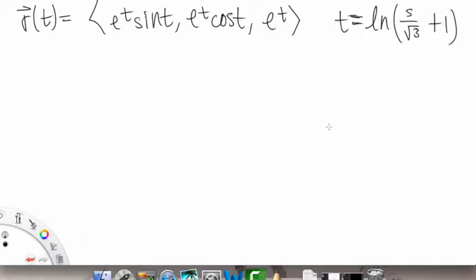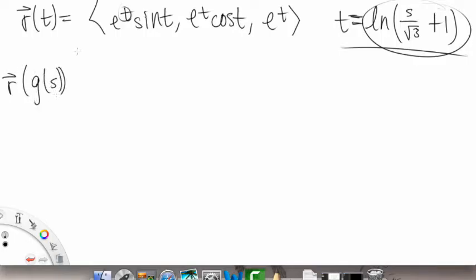Okay, so what we're going to do is just plug this, all of the s stuff, in for wherever you see a t. So r of g of s, we'll call it. So r of this function here, this is called g of s, or t of s, whatever, is equal to e to the t.